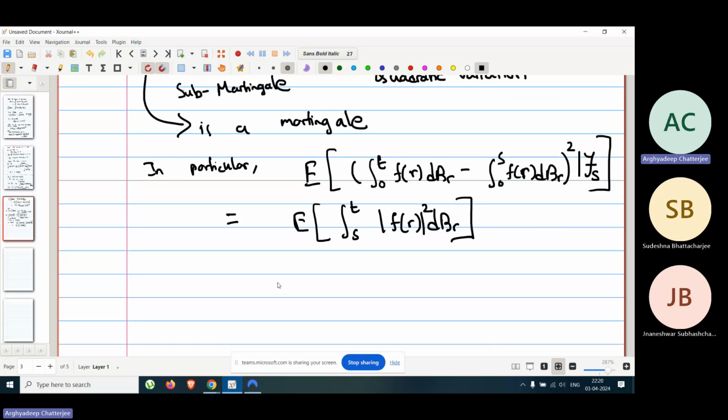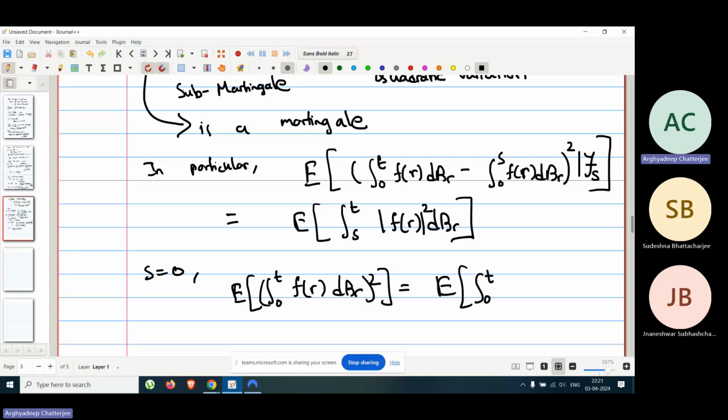If s is equal to 0, then we again have the Ito isometry. So the expectation of the integral from 0 to t of f of r dvr, squared, is equal to the expectation of the integral from 0 to t of f of r squared dr. Oh, this is written dbr, right?